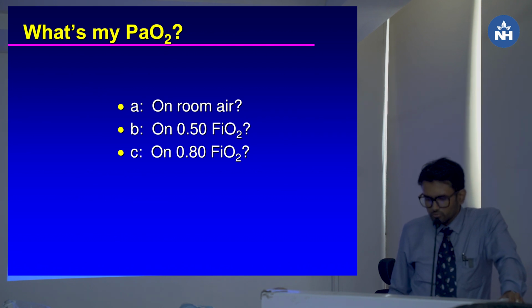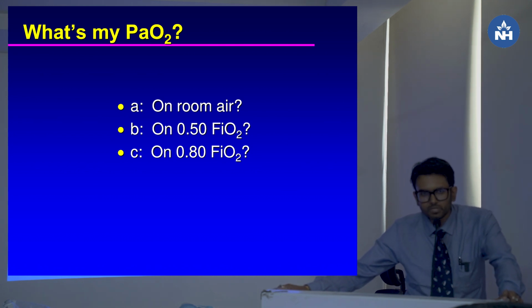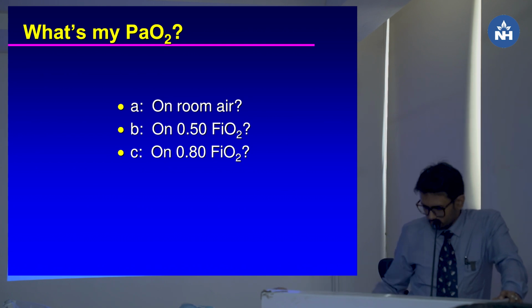As per the definition, if in room air PO2 is less than 60, then we can start oxygen. So we have to calculate the PO2.